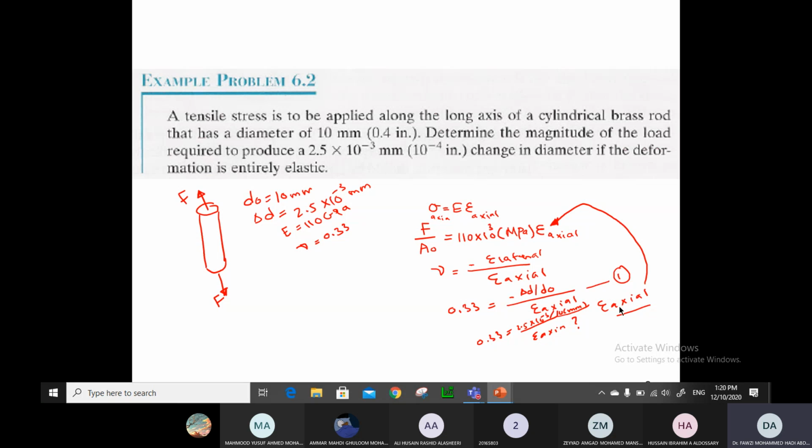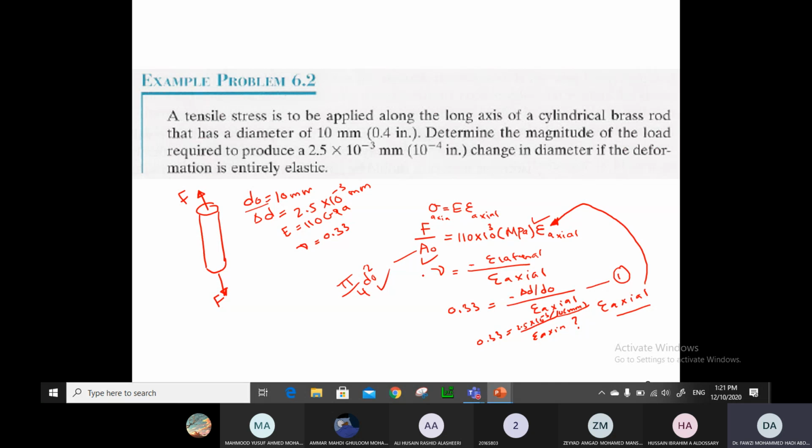You will get the axial strain. Once you get the axial strain, you substitute it in this equation, and so that number is known. The area will equal pi over 4 d naught square. The d naught is known, that's the d naught which we have here.